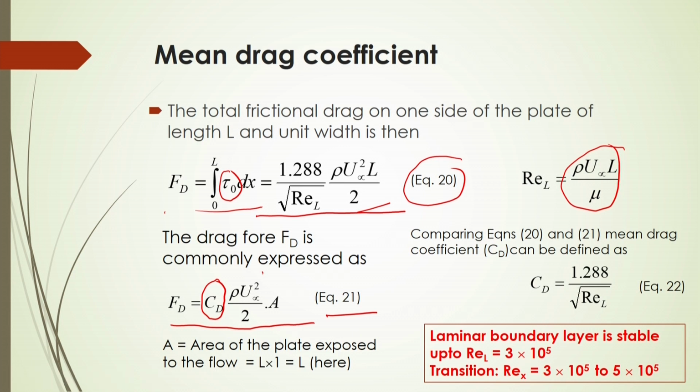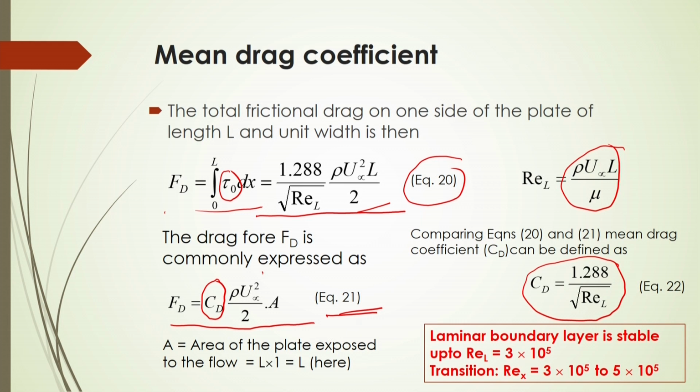If we compare equations 20 and 21, we have the mean drag coefficient C d equal to 1.328 by root over Re L, where Re L is the Reynolds number based on the length of the plate.